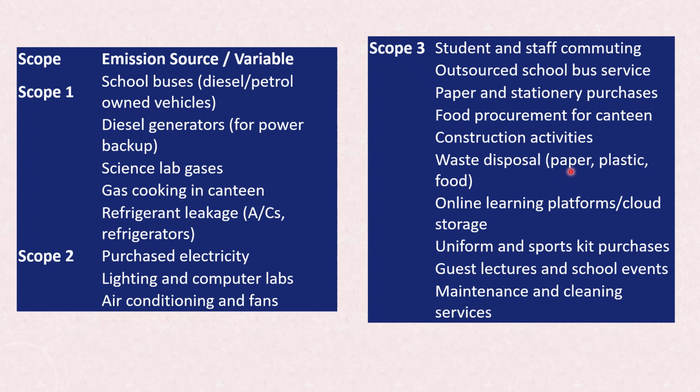Waste disposal of paper, plastic, food, everything comes under Scope 3. Online learning platforms, cloud storage, uniform and sports kit purchases, guest lectures and school events, and maintenance and cleaning services also come under Scope 3.